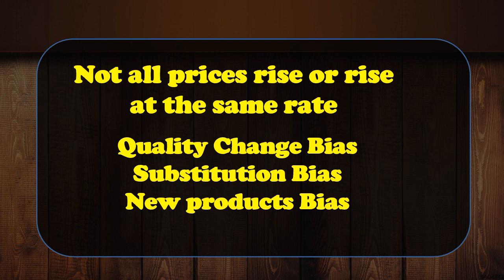Okay? And as we're going to see, things like medical care and college tuition have gone up way faster than other things, and some things haven't gone up hardly at all. So, a couple of things to remember. There is a quality bias in here. Car tires are not that much more expensive than they used to be, but they're way better. Car tires used to go flat all the time.